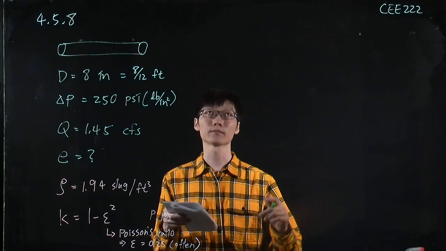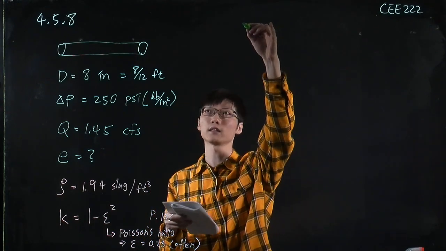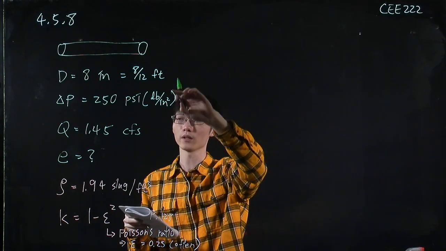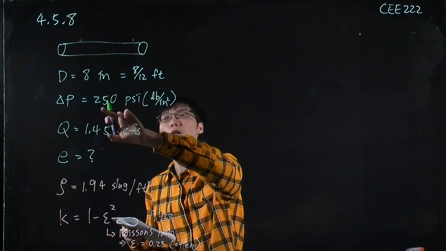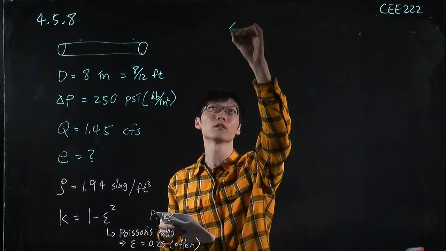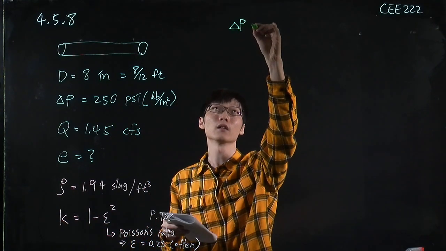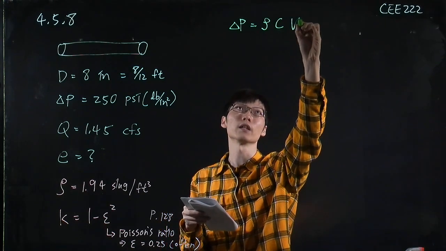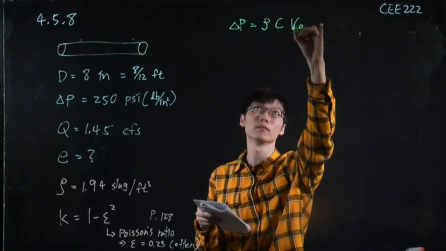To start, we know that in a rapid closure problem, the pressure change delta P is equal to rho C V0.